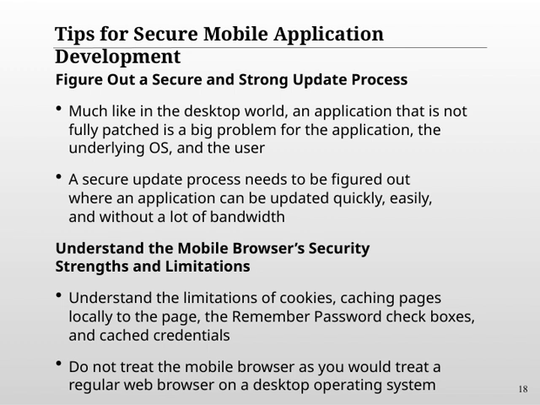Next, let's consider the security strengths and limitations of mobile browsers. Unlike desktop browsers, mobile browsers have specific constraints. For example, cookies, cached pages, remember password checkboxes, and cached credentials all have limitations that can impact security. It's important to understand these differences because they affect how you handle data storage and authentication on mobile.